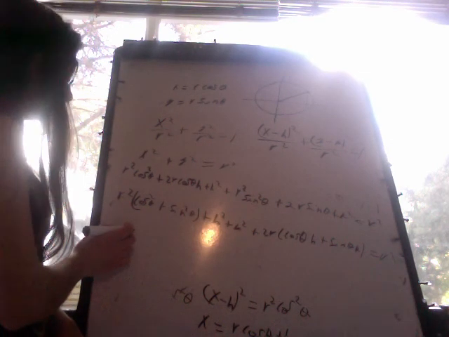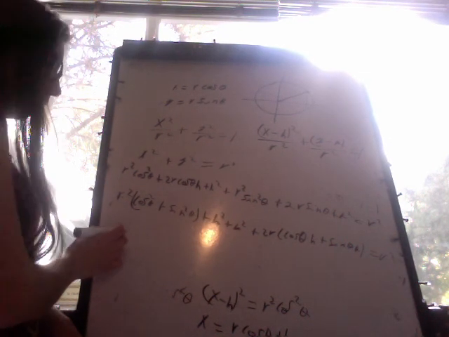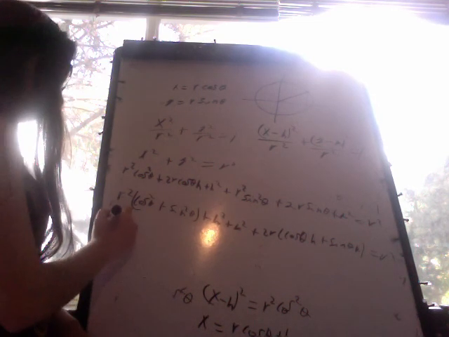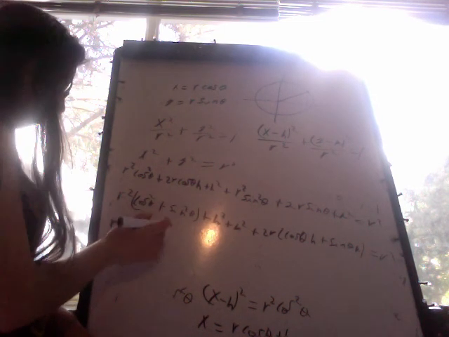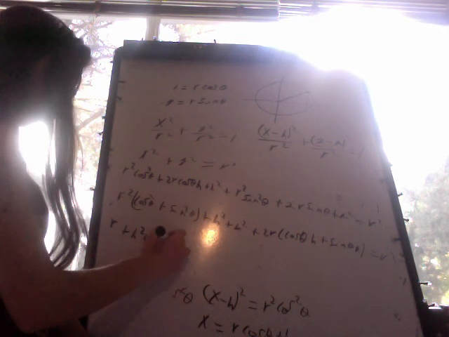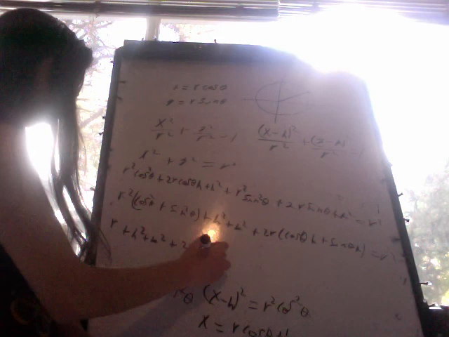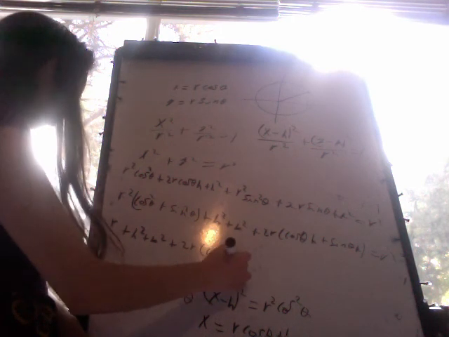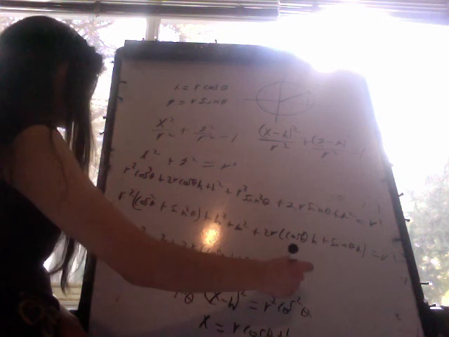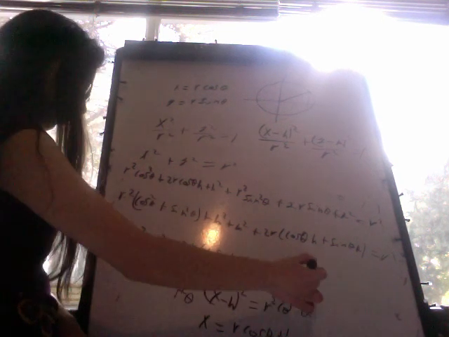Alright, you can divide everything by r, and here you have 1. So what you will have is r plus h squared plus k squared plus 2r times cosine of theta h plus sine of theta k equals r.